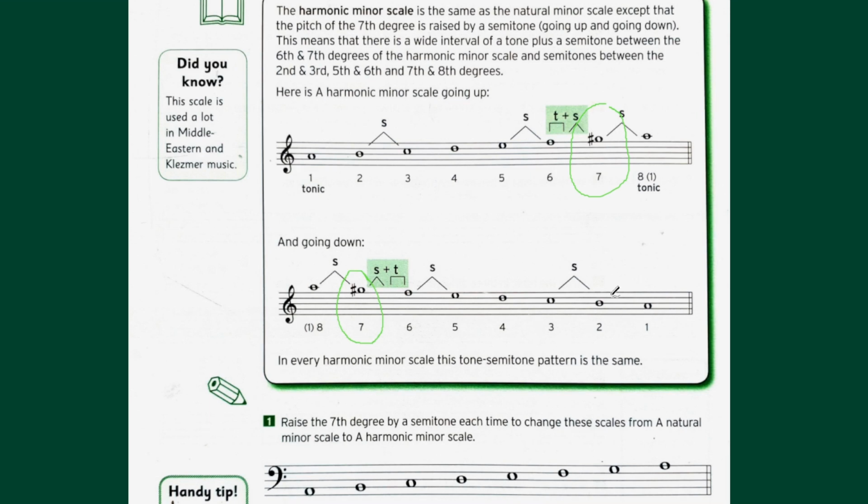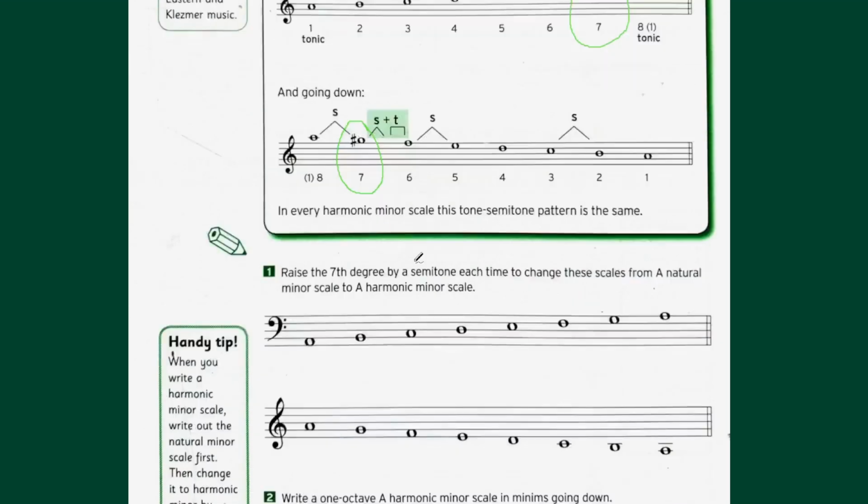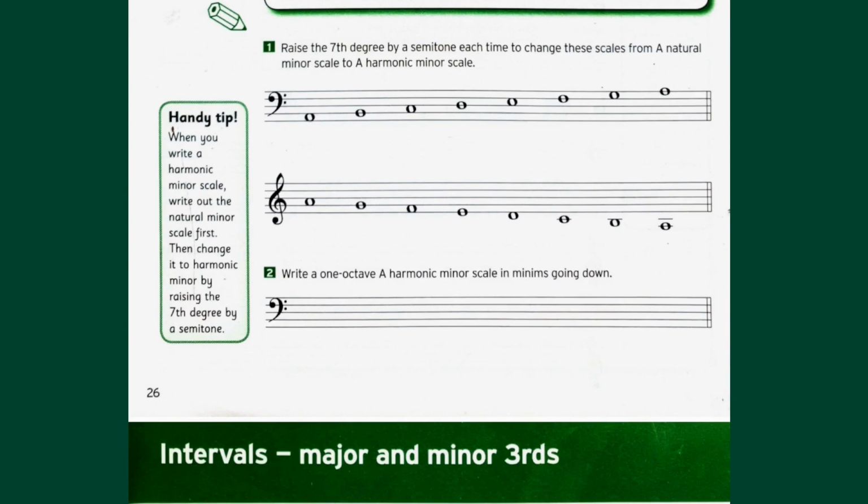Make sure you count all the notes from the back end and find the seventh note, which is the G sharp. And so raising this seventh note will give us another semitone to mark on the harmonic minor scale. Okay, so there are 3 semitones to mark here.